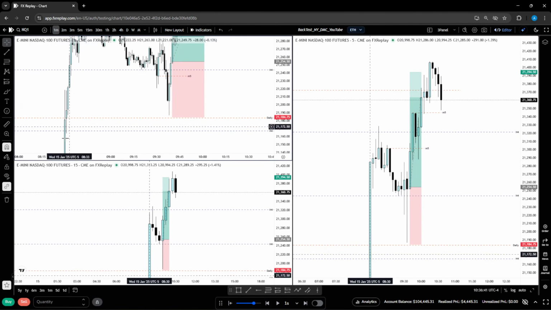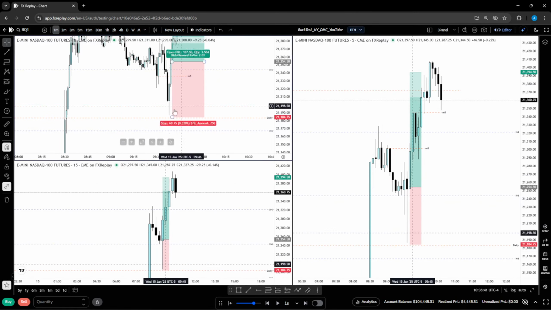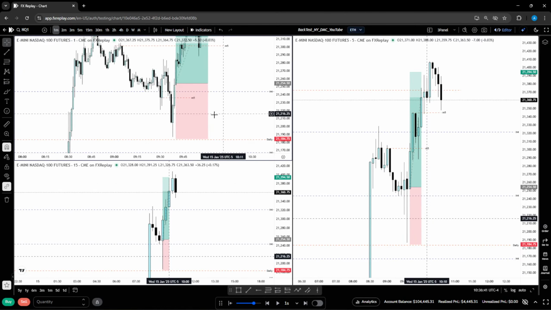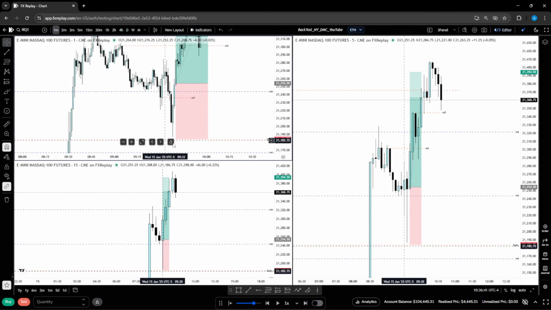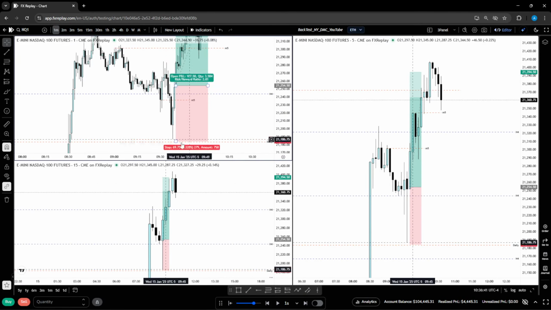So when we went there, we were thinking of shorting, but the price was so bullish and we were close to the daily, and the daily was pushing us up in the higher time frame. So this was counted as a loss, as not being able to lose this level, basically being supported.